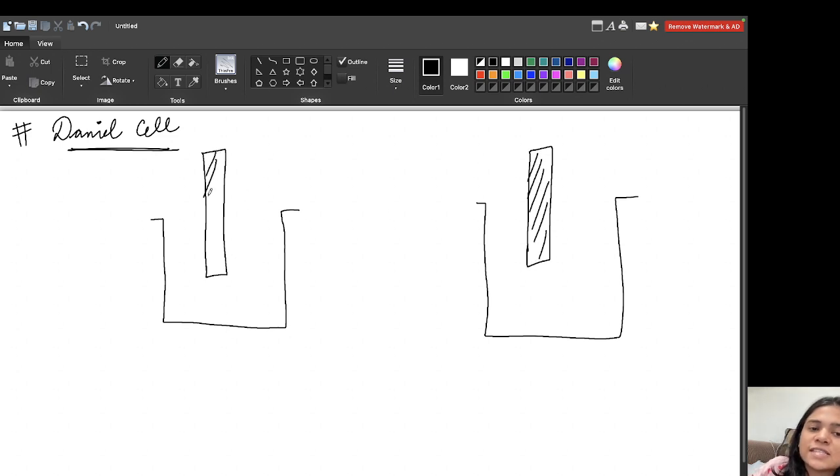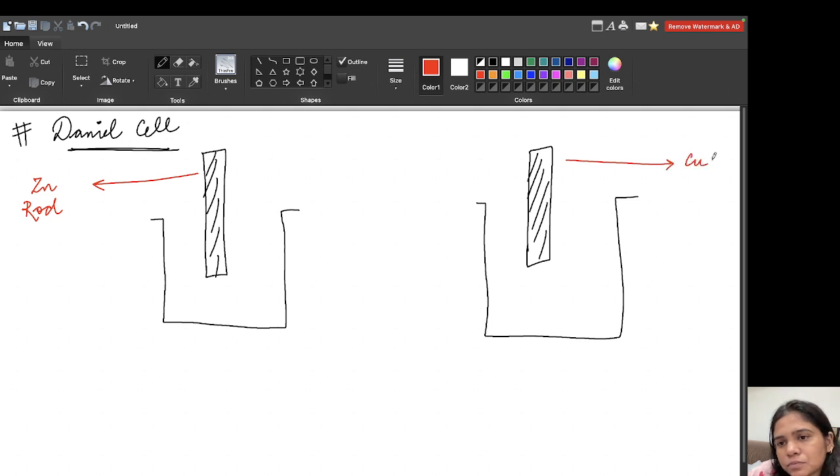Since the Daniell cell is a zinc copper cell, on my left-hand side, the left side, is the zinc rod, and here you have the copper rod. Zinc rod and copper rod.